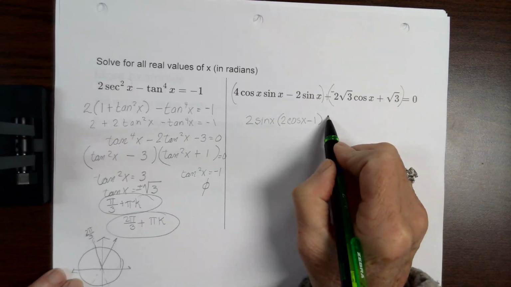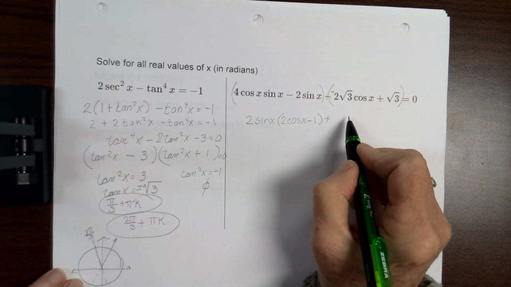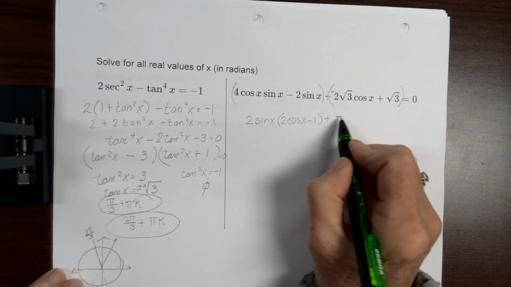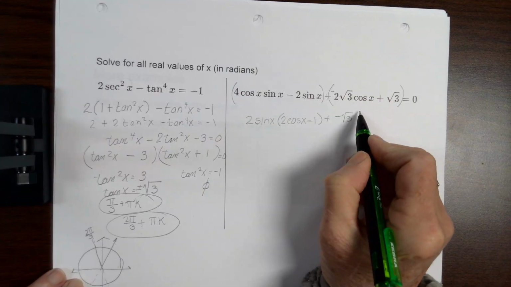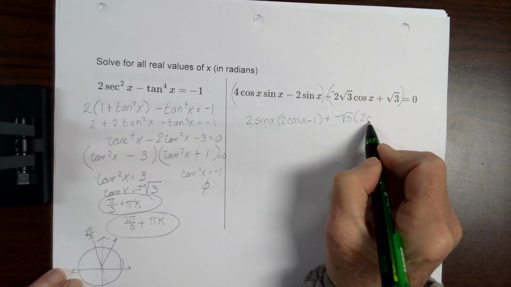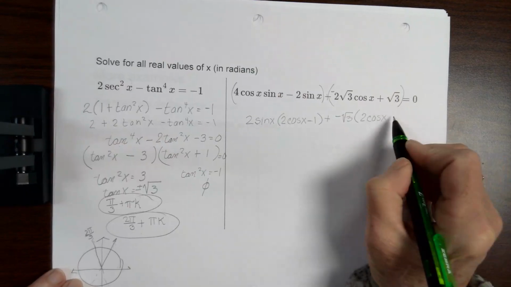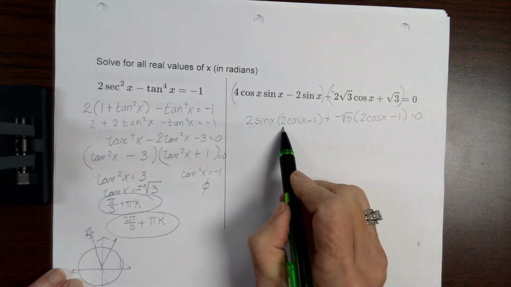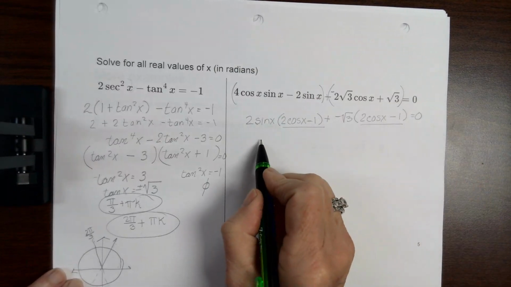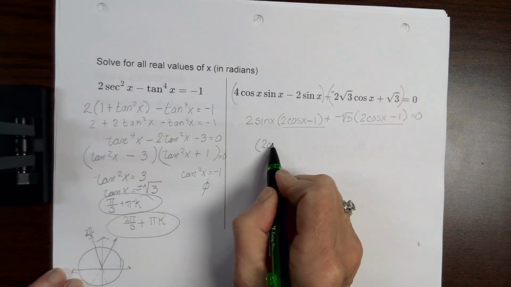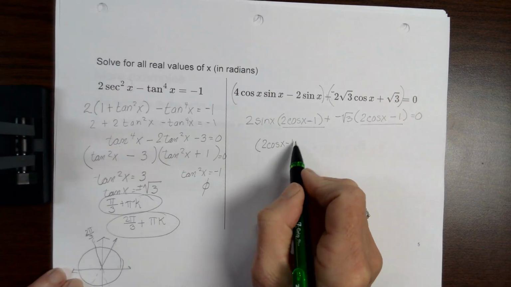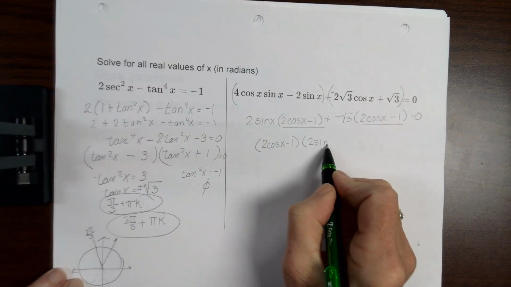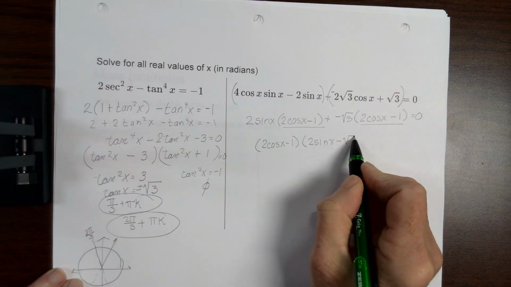And I want to change the sign here, so let's factor out a negative square root of 3, which is going to leave me 2 times the cosine of x minus 1 equals 0. If you remember how to do this, you take the one that they have in common, and that goes in one parenthesis, and then you take the part that's on the outside, and that goes in the other parenthesis.